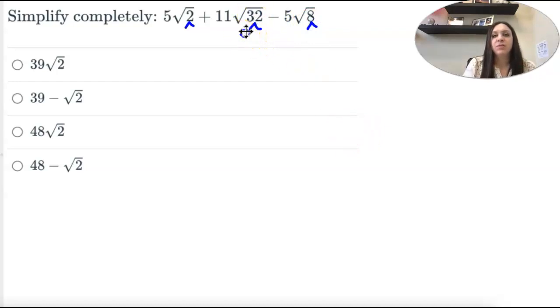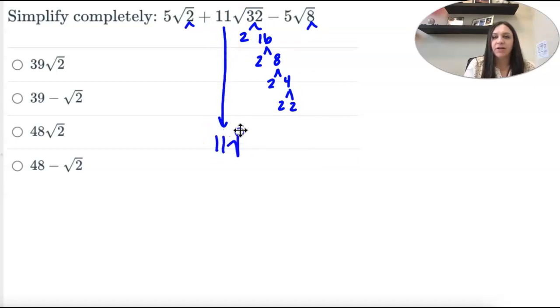So 32 is 2 times 16. 16 is 2 times 8. 8 is 2 times 4. 4 is 2 times 2. So I'm going to rewrite this. I'm not going to forget that I already have an 11 out there. It's 2 times 2 times 2 times 2 times 2.